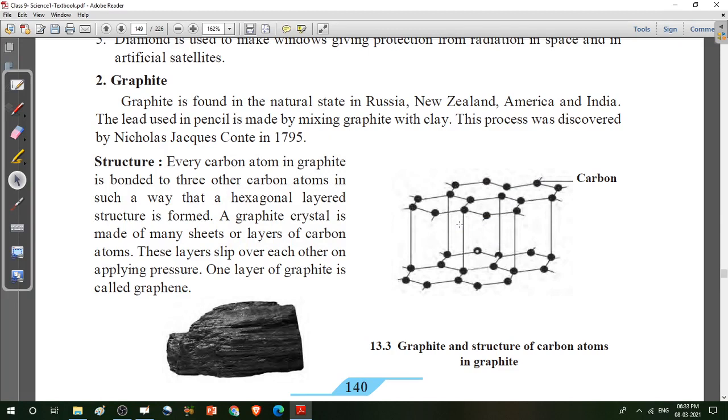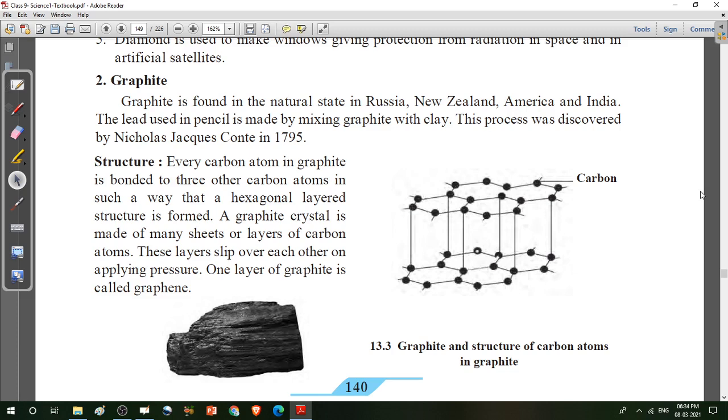In a previous lecture, we started chapter number 13, Carbon and Its Important Compounds. We have studied the properties of carbon, and under that heading we studied the allotropes of carbon.